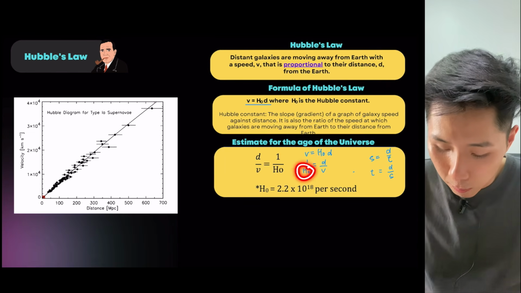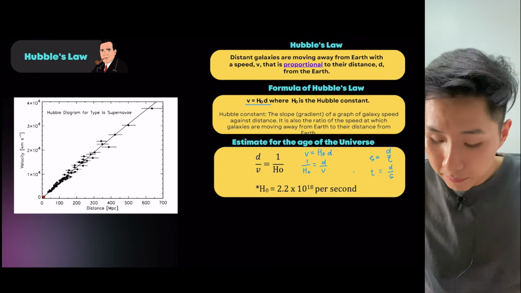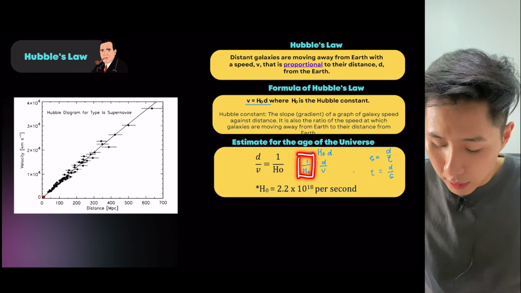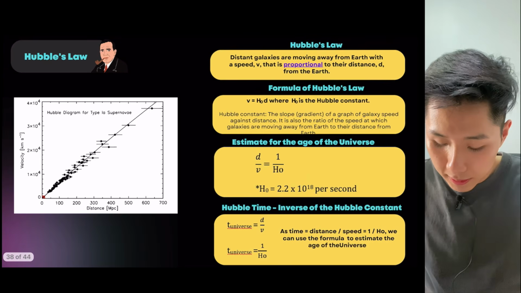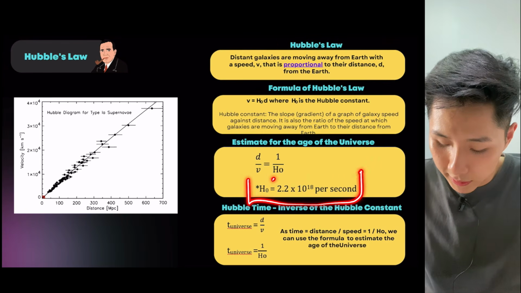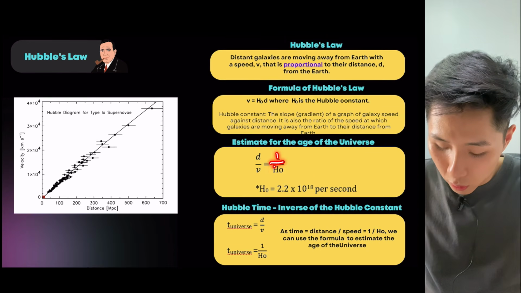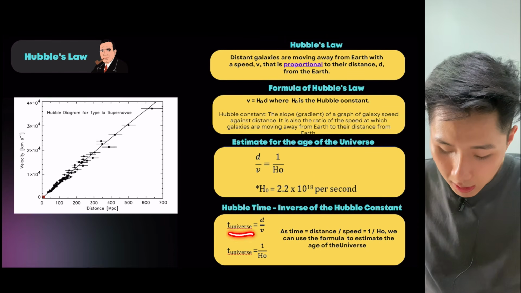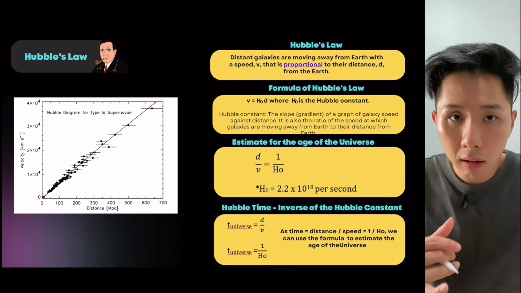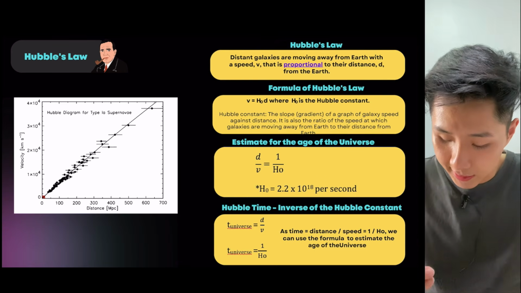H0 is the Hubble constant, which is the gradient of the graph. That's the Hubble constant calculated by Edwin Hubble. If you use 1 over H0, you will get the time of the universe, which is how long the universe has existed.